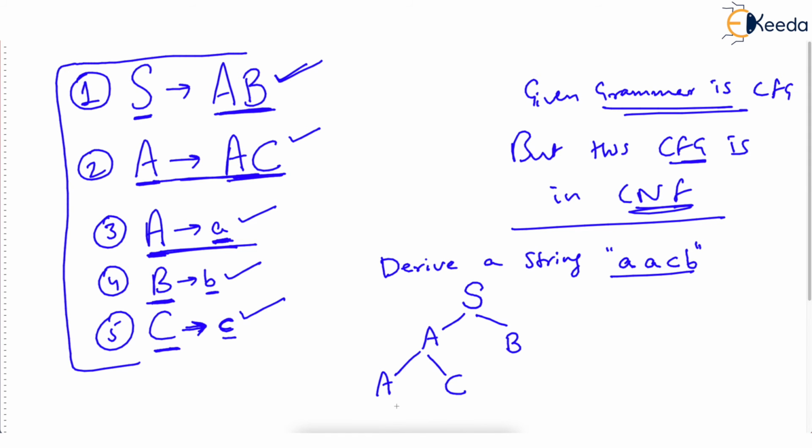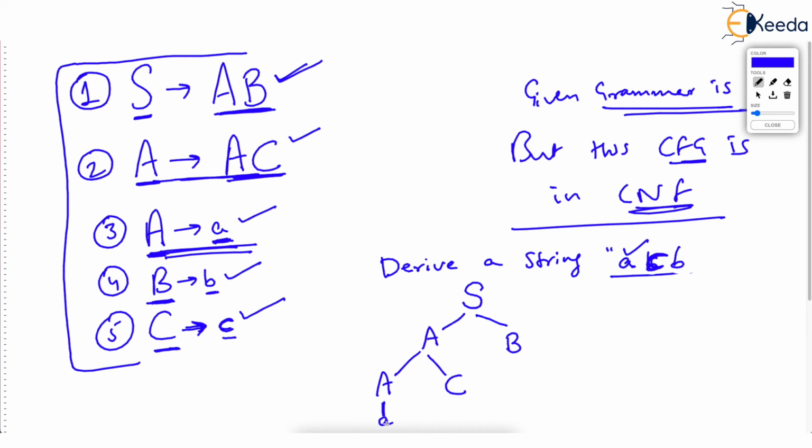Now, what can A further give us? A can give us small a. Just observe we have got this small a. Okay, I'm sorry. Let's take a string. I went wayward over here. Sorry for this. This string is not ABC. It's ACB. This is the string.